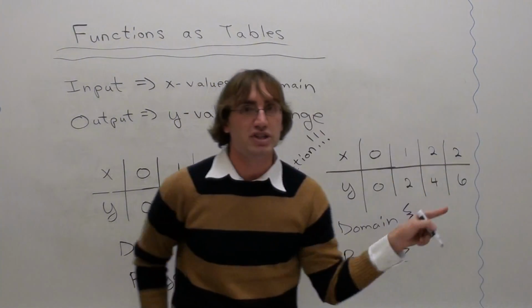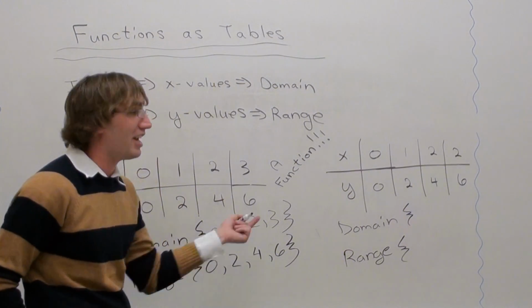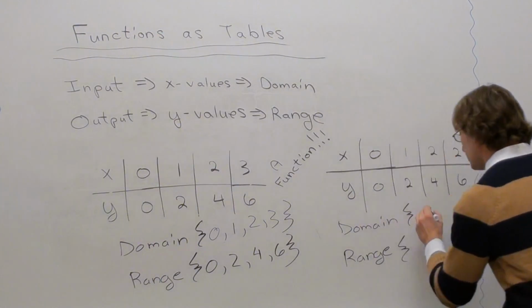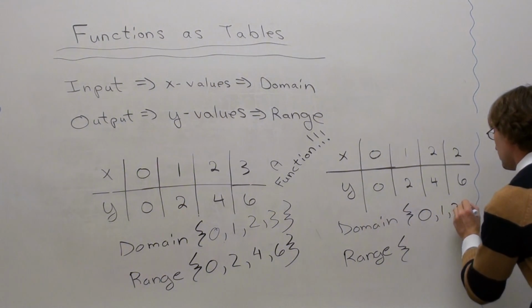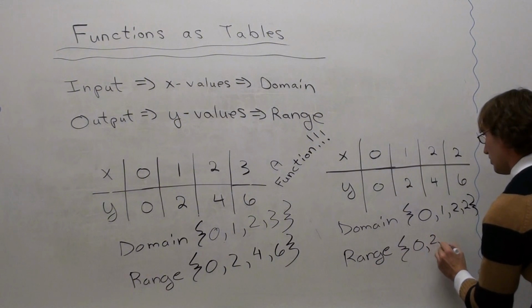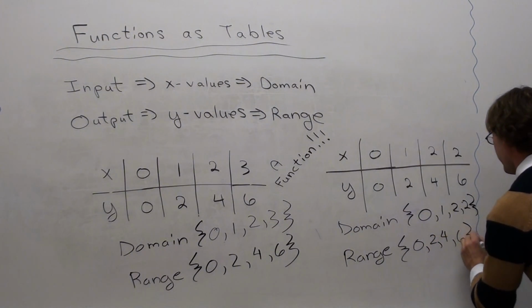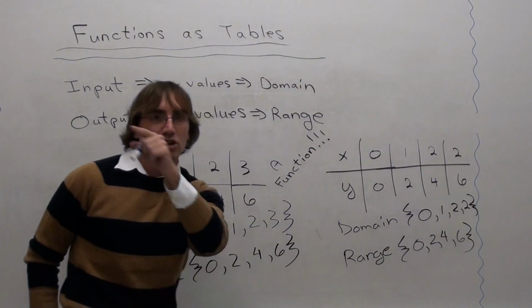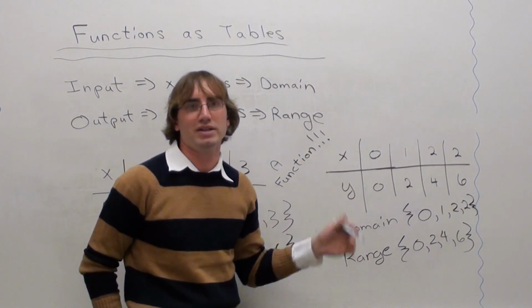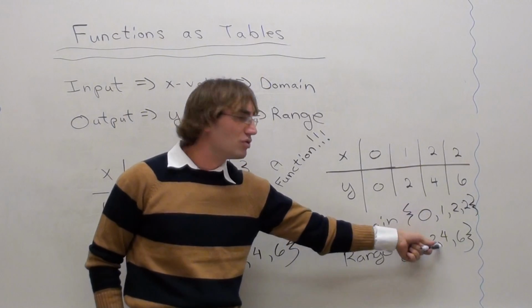I'll let you look at that yourself so I'm not blocking it, and then I'll go ahead and write it down and see if we got the same answer. My domain and range: domain 0, 1, 2, 2. You can write 2 twice. My range 0, 2, 4, 6.